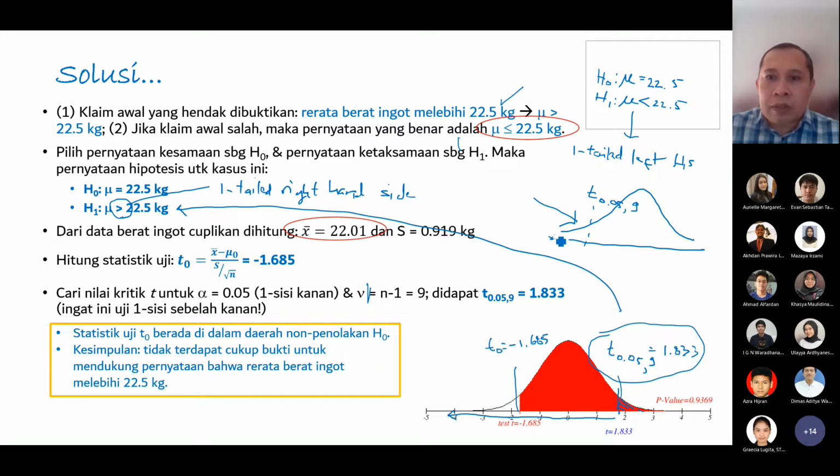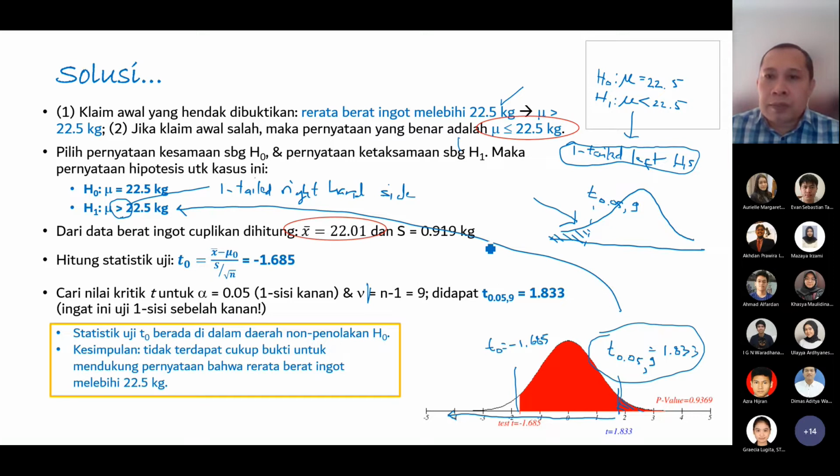So now the rejection region is on the left-hand side. And the T0 doesn't change in this case because the data stays the same. So the sample mean is the same, the mu naught is the same, S is the same, and also N is the same.